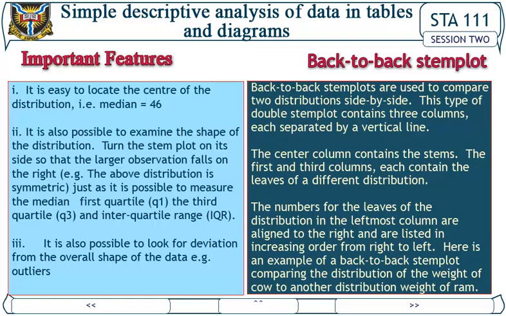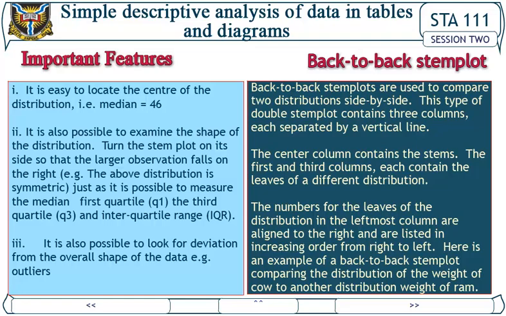Important features. 1. It is easy to locate the center of the distribution, that is, the median, which is equal to 46. 2. It is also possible to examine the shape of the distribution. Turn the stem plot on its side so that the larger observations fall on the right. The above distribution is symmetric.